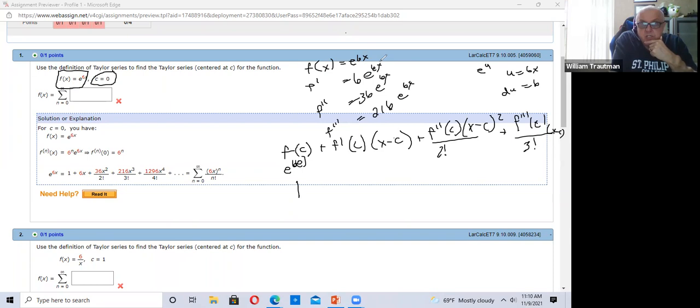Put 0 in here. Once again, e to the 0 power is 1. We have a 6. So this becomes 6. And then x minus 0. c is 0. Here we end up with 36.